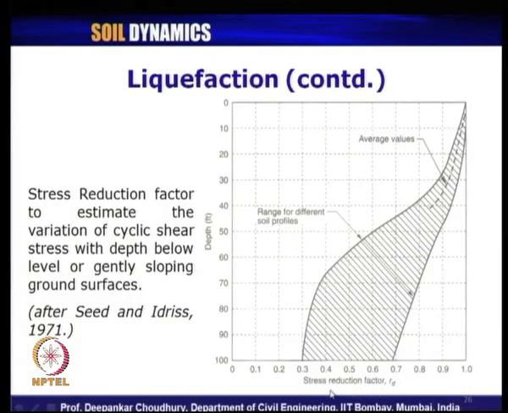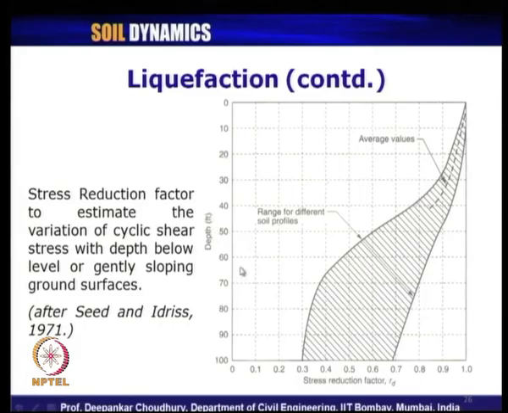The values of r_d, the stress reduction factor, were recommended by Seed and Idriss in 1971 to estimate the variation of cyclic shear stress with depth below the level of gently sloping ground surfaces. You can see this is the range for various soil properties, and this dotted line shows the average value of r_d.